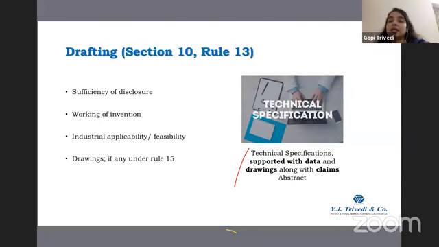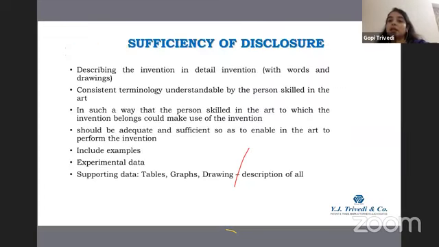So the Act says it has to be sufficient disclosure that is expected. Hiding or not providing enough information shall hamper the grant of the patent. I must provide the working of the invention, and drawings, etc. are all expected, if any.